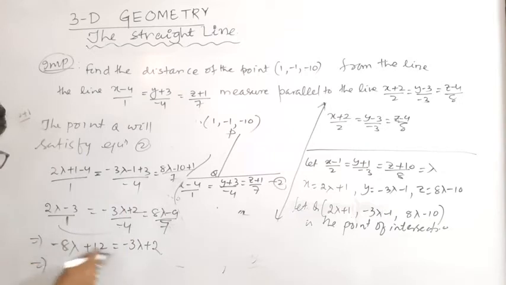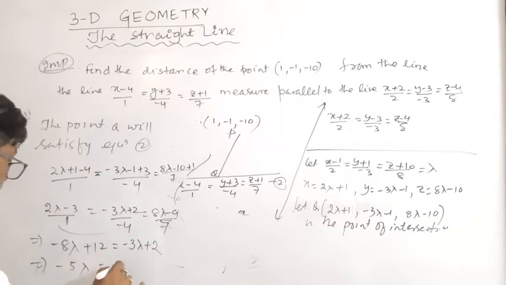So minus 8 lambda plus 3 lambda, that is minus 5 lambda, is equal to minus 10. So lambda is equal to 2.